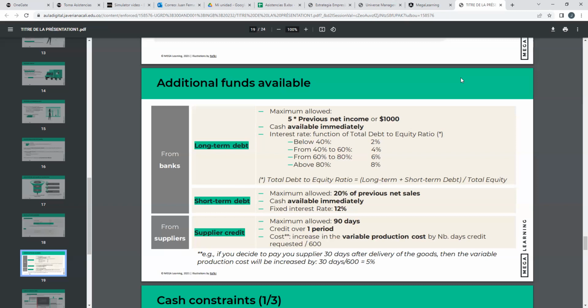Okay, if all of the value of the company comes from the debt, this is going to be 100. So all that you are seeing here in this classroom, the table, the chair, the computer, the video beam, if the Javeriana has bought this through a credit, this is going to be the same value here, the same value here.